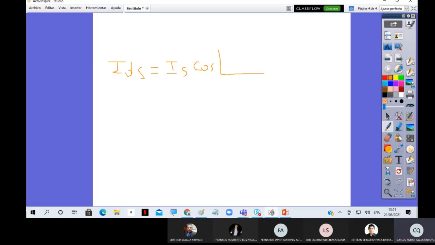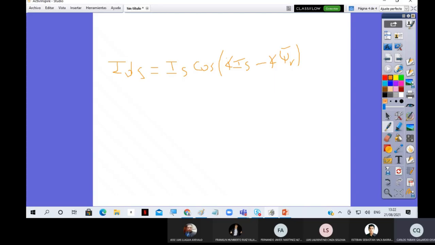I have the angle of the stator current, minus the angle of the rotor flux. This is for the D component, D axis component.